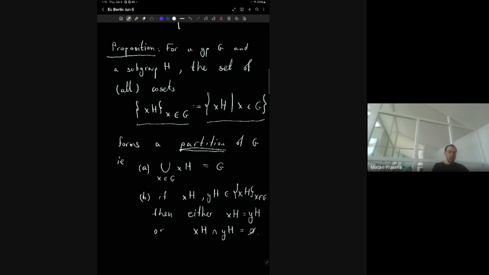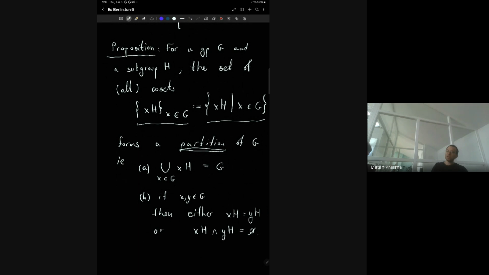In plain words, if x, y in G, then either xH is equal to yH, or xH intersection yH is disjoint, the empty set.